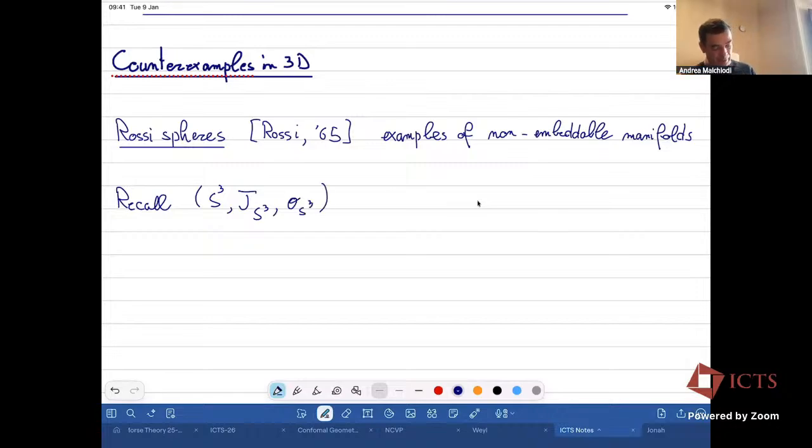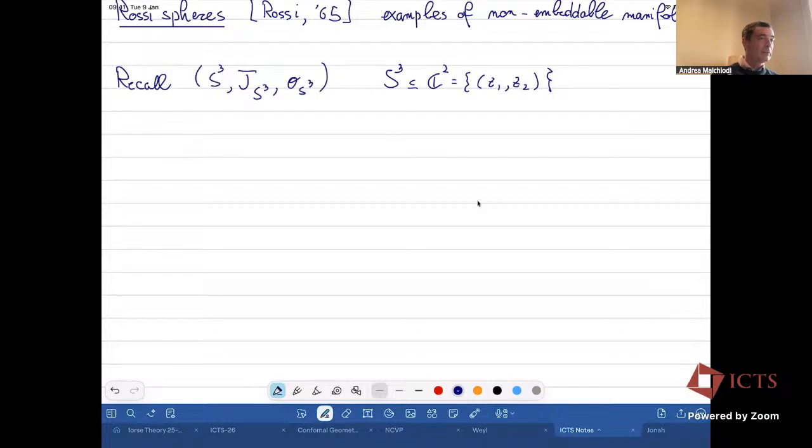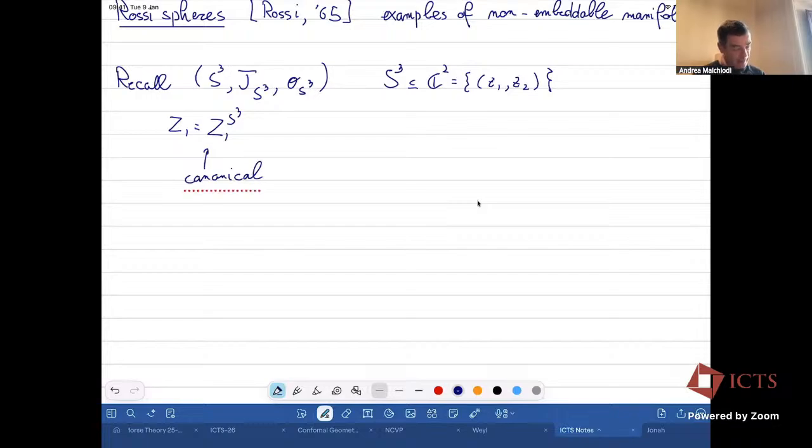We have S3, which is contained in C2, and I use ambient coordinates z1 and z2. Understanding J means understanding the i eigenvector of J. For the round sphere, the standard sphere, the canonical one is z2 bar dz1 minus z1 bar dz2.